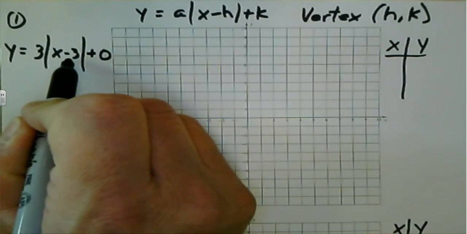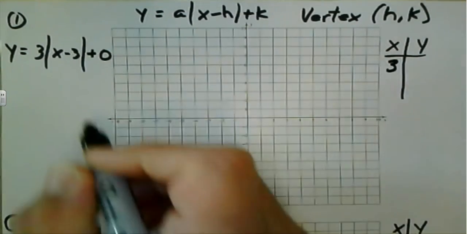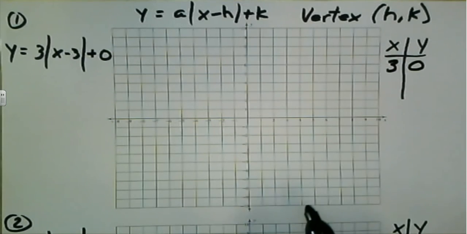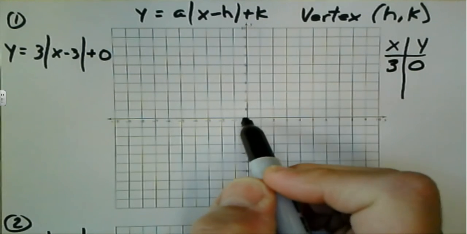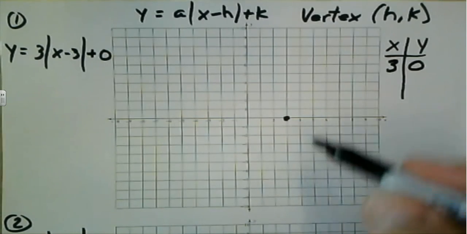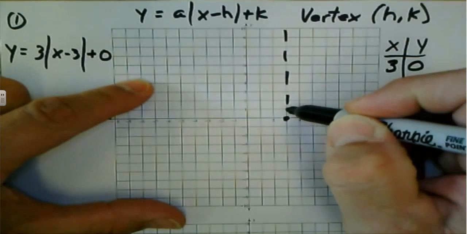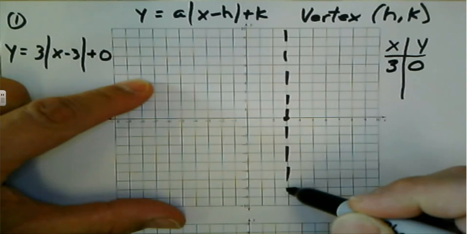So opposite of h, which is 3, and 0 for our vertex. So 3 on the x, and 0 means we don't go anywhere. That is our vertex and our axis of symmetry, which goes up and down.